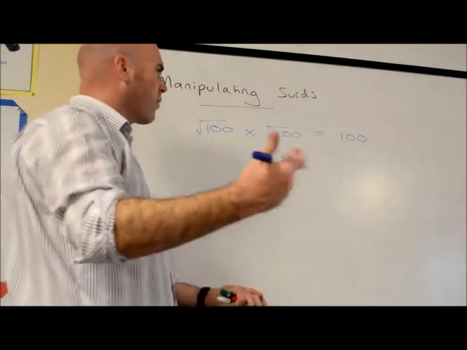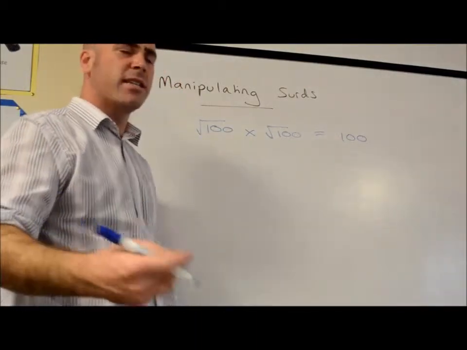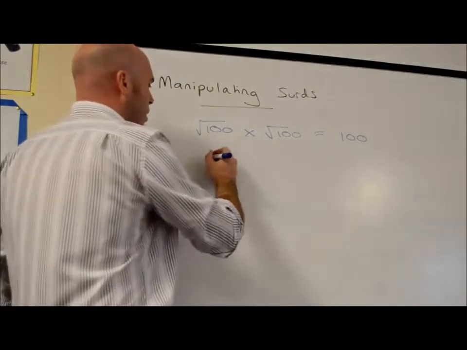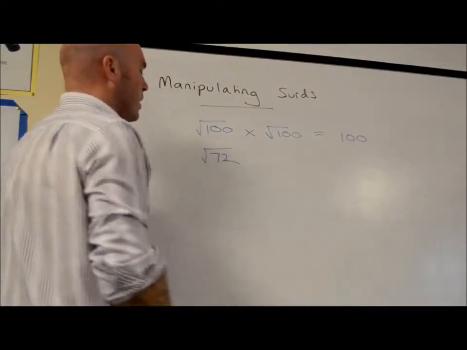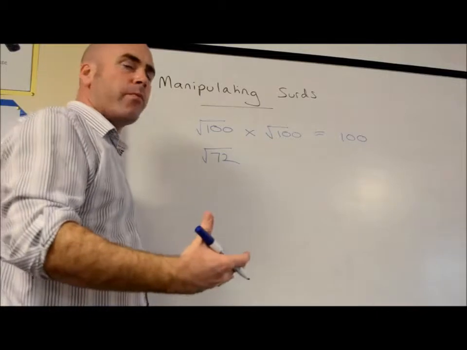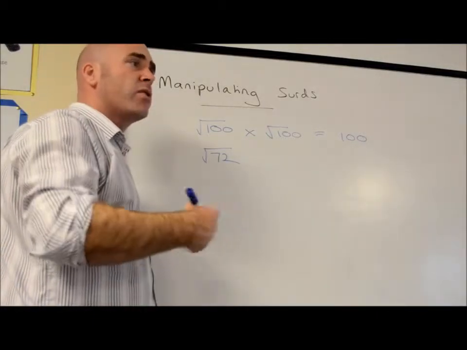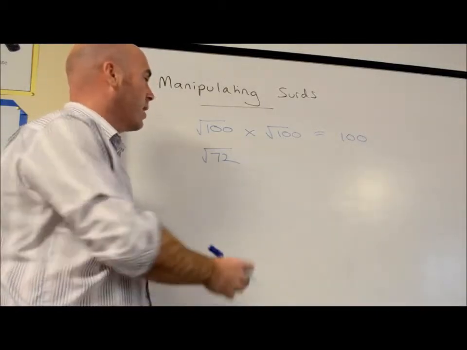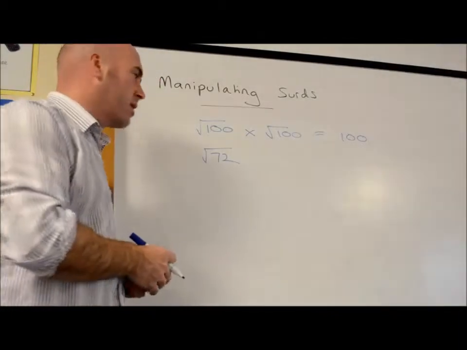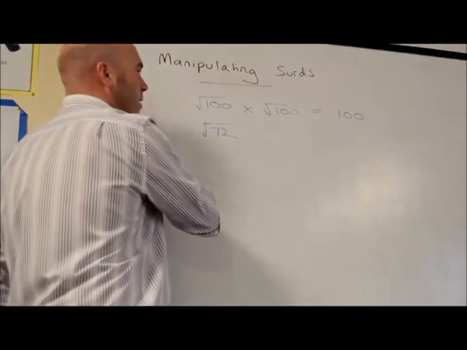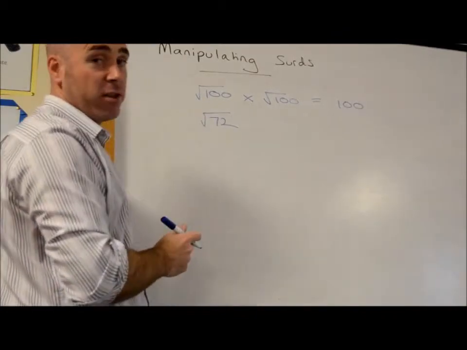So if I was to have a question like this and I wanted to write it in its simplest form, I'd use that. So if I wanted to find the square root of 72 in its simplest form, rather than trying to pull out a square number, and you might spot quite a big square number factor that comes out of 72, the other way to do it is to look at the prime factorisation of 72.